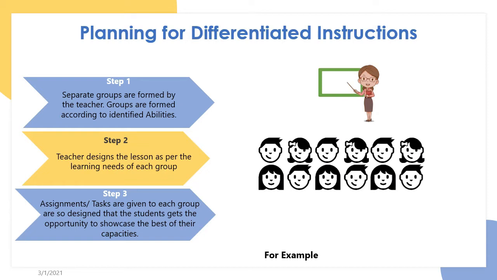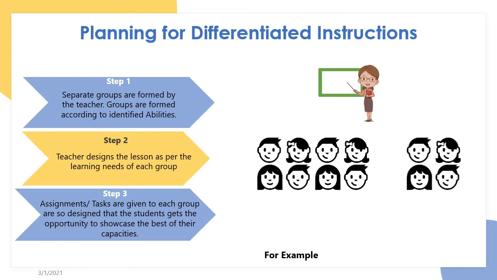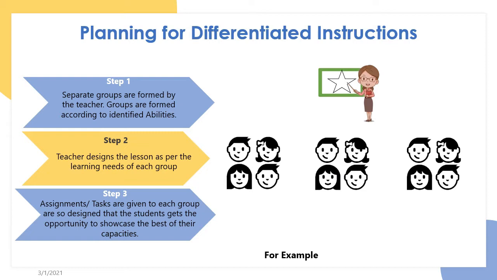For example, in Step 1, the class is divided into groups according to learning styles or identified capacities, such as visual, auditory, kinesthetic, and 3 groups are formed, named Group A, Group B, Group C. In Step 2, the teacher takes the lesson and makes sure all the teaching aids, like books, audio books, braille books, etc., are made available to each group, as per the nature of diversity.